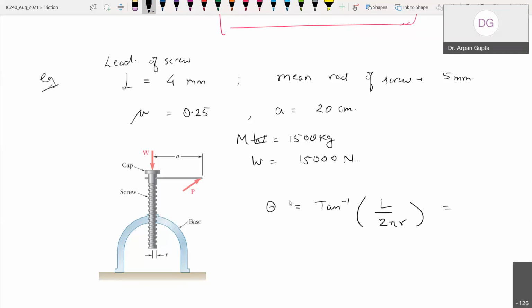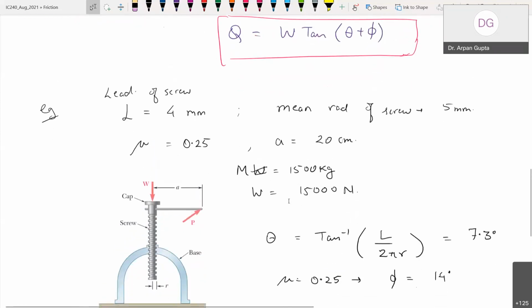This value turns out to be, I think, 7.3 degrees. And then we are also given mu as 0.25. If you take tan inverse of this, you will get your friction angle, and this turns out to be around 14 degrees. After that, you just have to substitute in that formula.